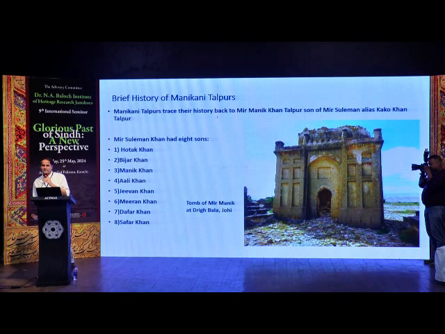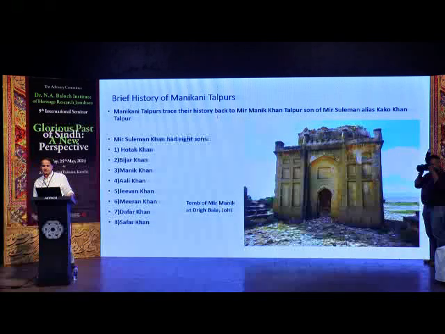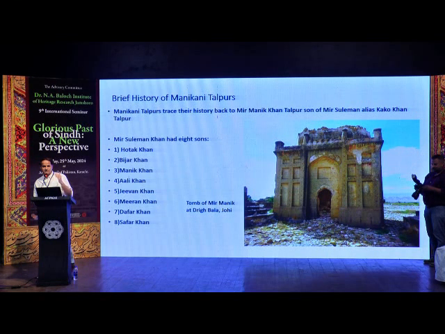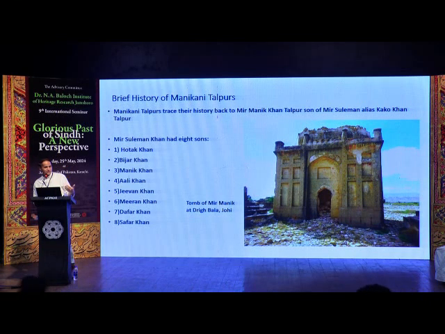So we know from secondary sources that the ancestor of Talpur of Sindh, Mir Suleiman, popularly known as Kakko, or as we read or see the name on the Persian inscriptions, Kakka Khan Baloch. He had 8 sons.